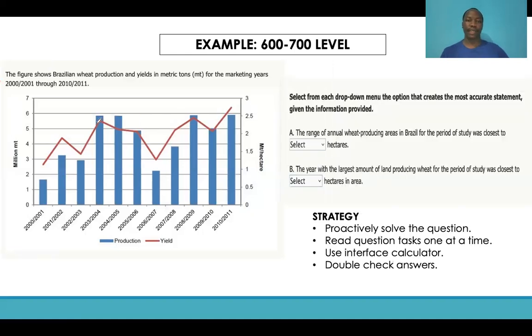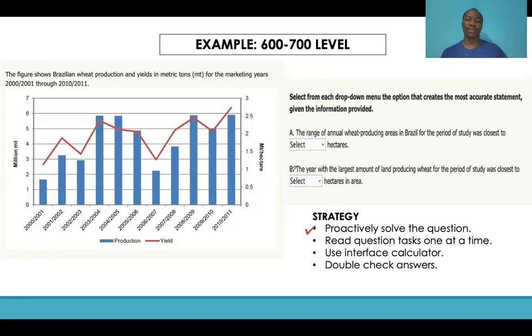Moving ahead, we'll have the questions that follow immediately after the graph. A good strategy is to always be proactive while going through the question. As you go through the graph that you're given, make sure you are processing and retaining information in your head, so that it becomes easier when it comes to actually answering the questions.